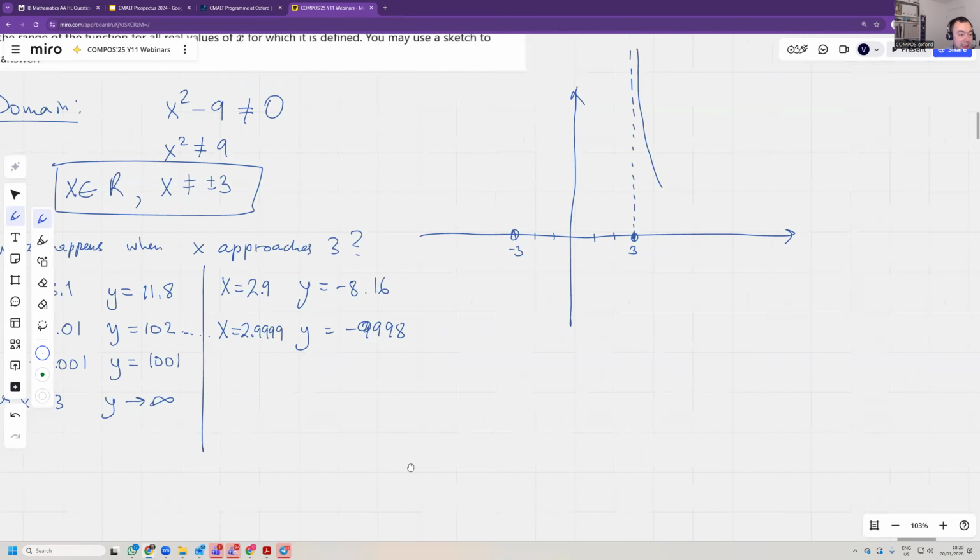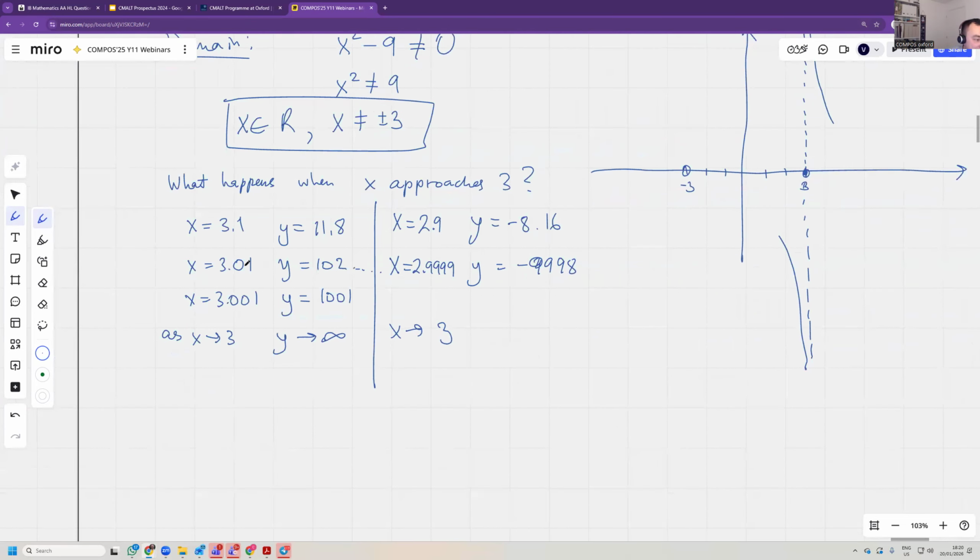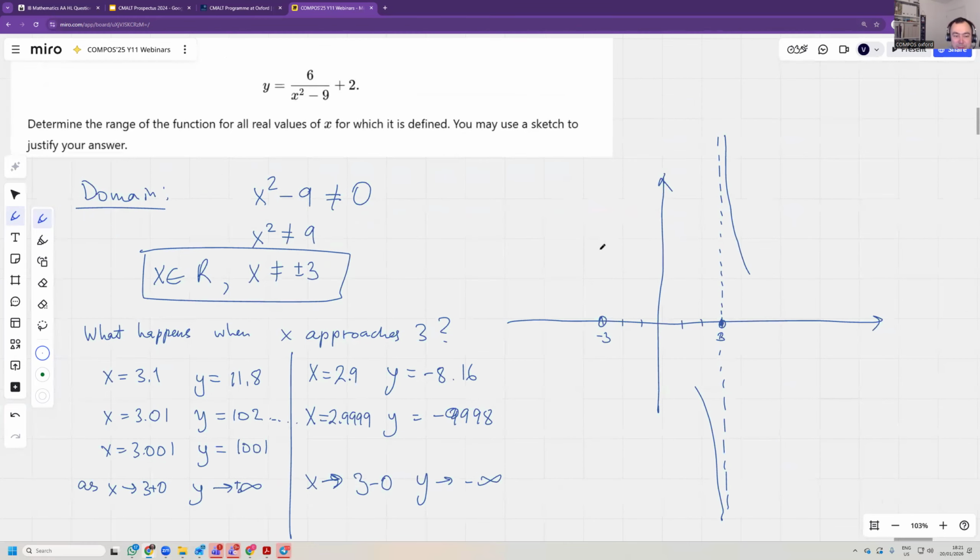So you get a really negative number. That means that when you approach 3 from the other side, you go to negative infinity. As x tends to 3 minus 0, y tends to negative infinity. Interesting. When you approach 3 from this end, you go to plus infinity, and from the other side you go to minus infinity.